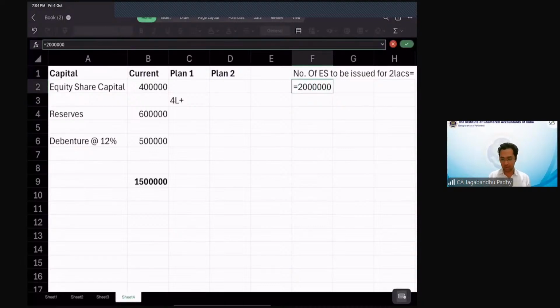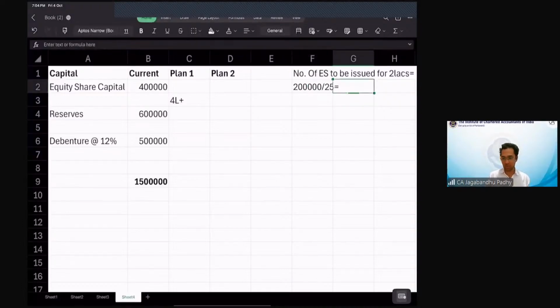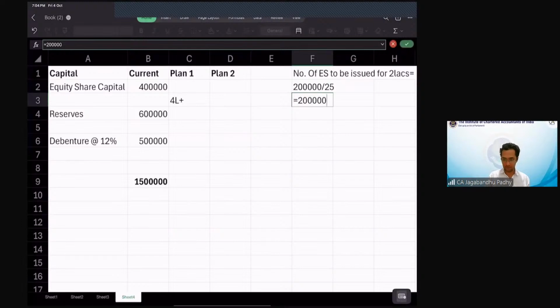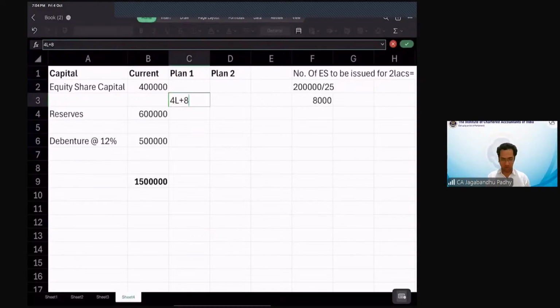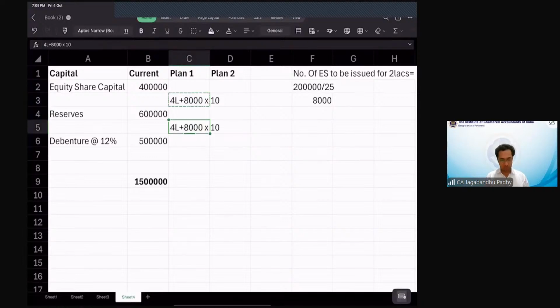Can I say it will be 2 lakh divided by 25 each. So the number of shares is 8,000. So can I say this is going to be 8,000 multiplied by 10. Same thing over here.